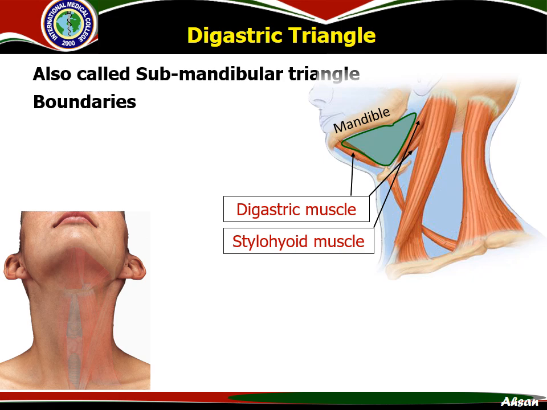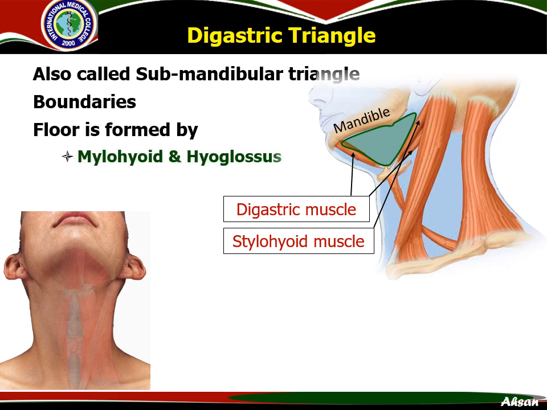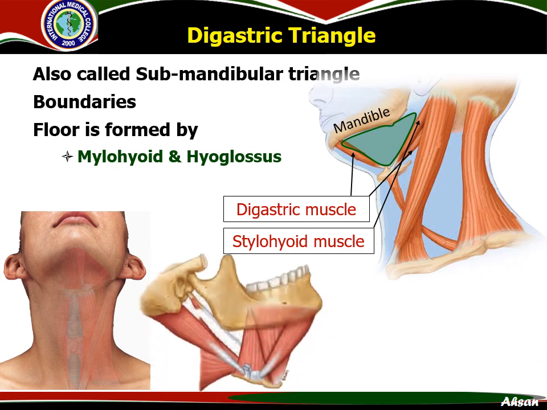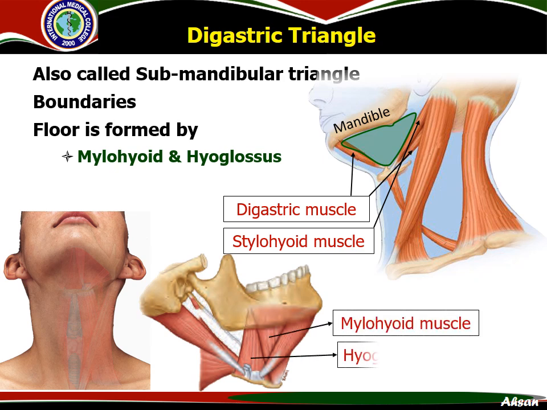So the anterior belly makes the anterior inferior boundary, and the posterior inferior boundary is formed by two muscles, the posterior belly of the digastric and stylohyoid muscles. The floor you can see is formed by the mylohyoid muscle and the hyoglossus muscle. This is the mylohyoid and this is the hyoglossus muscle in the floor of the digastric triangle.